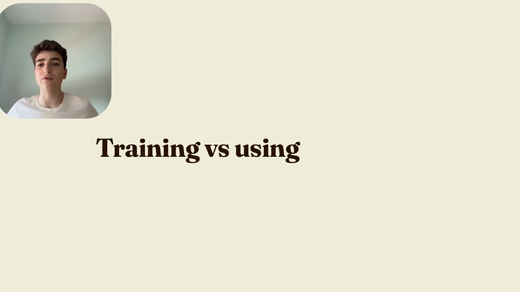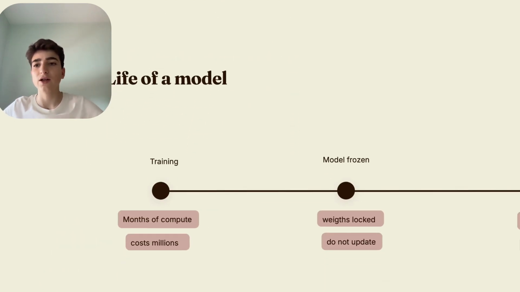Now the difference between the two phases that AI models, LLMs, go through: training versus using. This is the life of a large language model, like for example Fable 5. It starts with the training. Months of compute that cost millions.